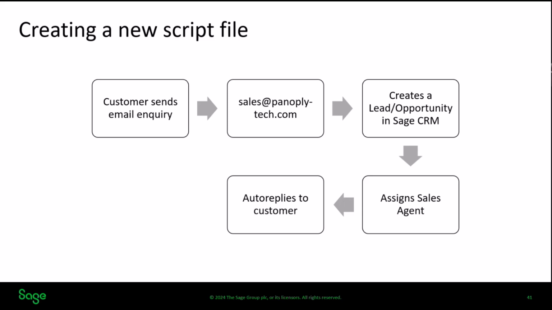The script processes the monitored email and creates a lead or an opportunity inside Sage CRM. A sales agent is assigned, and then an auto reply could be generated, or you could wait for the new internal CRM user to do the reply. So that's the basic outline of what we'll look at in the rest of this session.